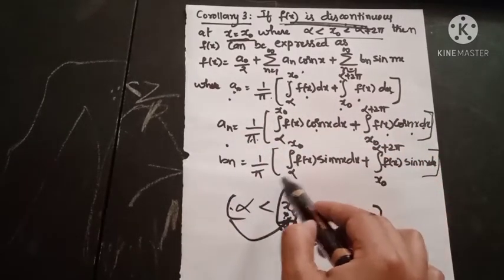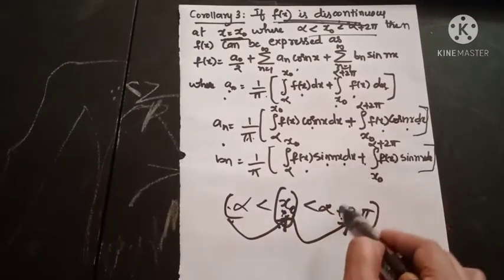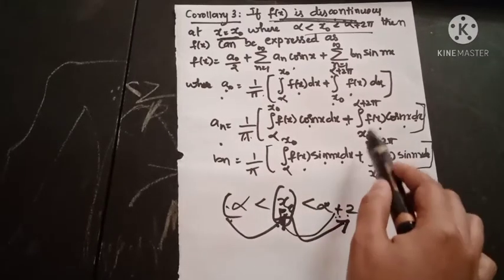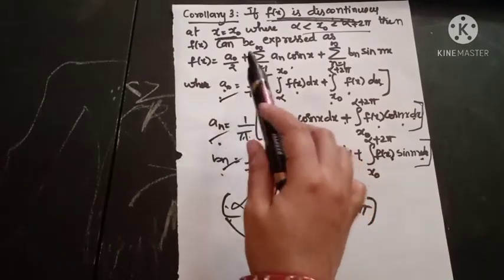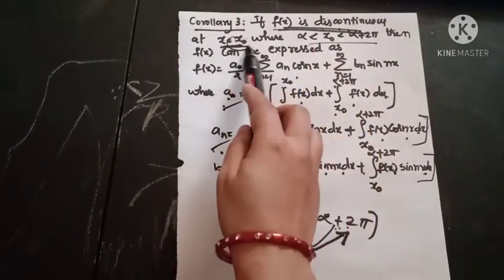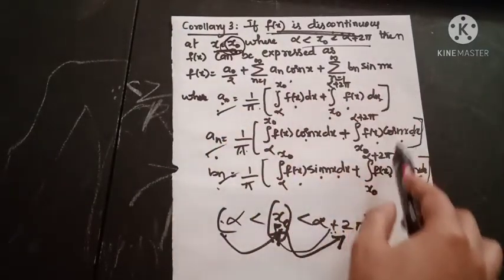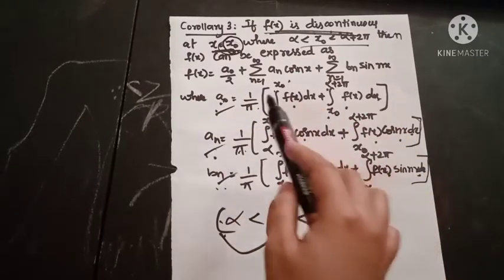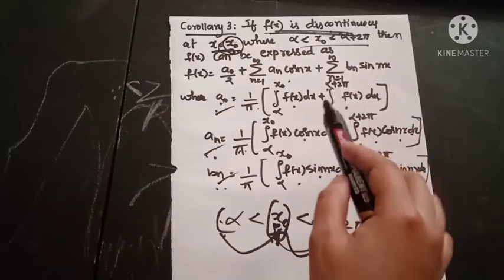And similarly, alpha to x naught f of x sin n x dx plus x naught to alpha plus 2 pi, what you get is 1 over pi, bn. So if it happens to be a discontinuous function and we know the point of discontinuity, then we can still get the values. So alpha to x naught and x naught to alpha plus 2 pi, if you integrate, you will get the values.